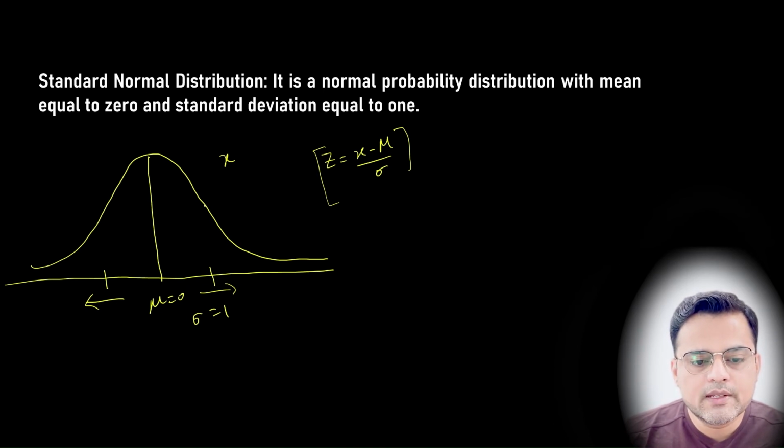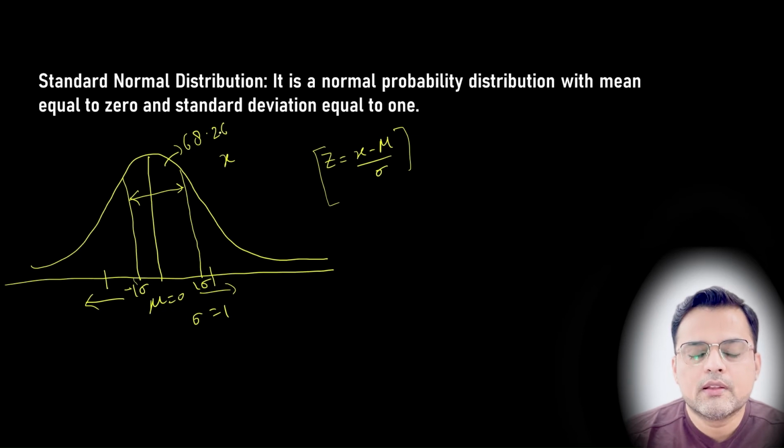So within one standard deviation, this is the empirical rule. So within one standard deviation, this is minus 1 sigma, this is 1 sigma. Within one standard deviation, there is a 68.26% probability that the random variable x will lie.